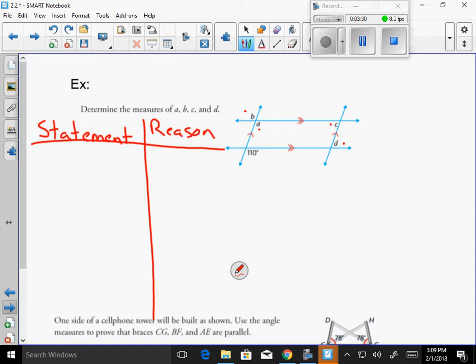So I can tell right away that angle A equals 110. Oh, that's 110, not 100. Okay? Now the reason you can give for this is that these are corresponding angles.